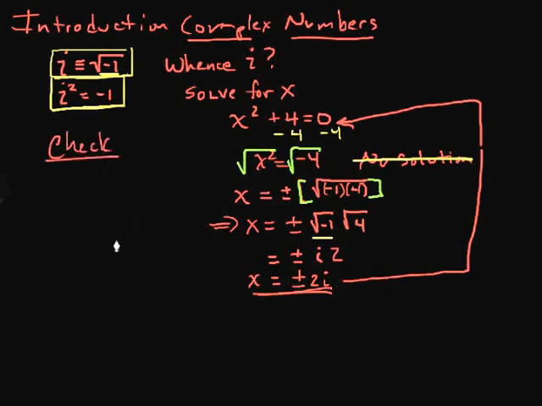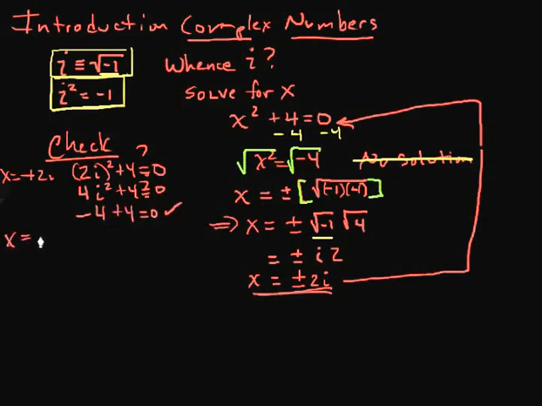So let's try x equals positive 2i. 2i squared plus 4, is that equal to 0? Well, 2i squared is 4i squared plus 4, is that equal to 0? Well, we just said that i squared is equal to negative 1, so that's negative 4 plus 4 equals 0. Check. x equals negative 2i. Let's check that: negative 2i squared plus 4 equals 0.